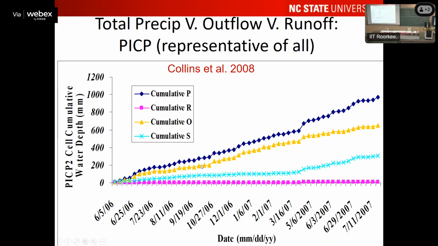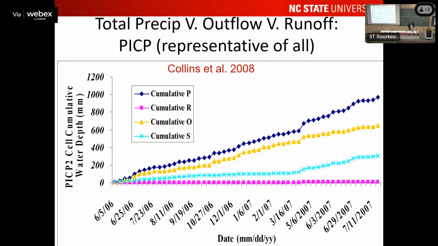But what we do have instead is a fair amount of outflow, okay? And that outflow occurred because we had compacted during construction. So think about all the rain that we had, roughly over 2/3, almost 3/4 of all the rain eventually left, but it left mostly as a result of outflow through an underdrain rather than runoff.